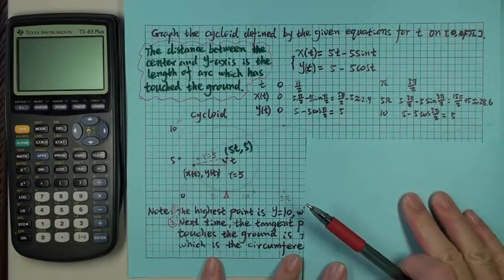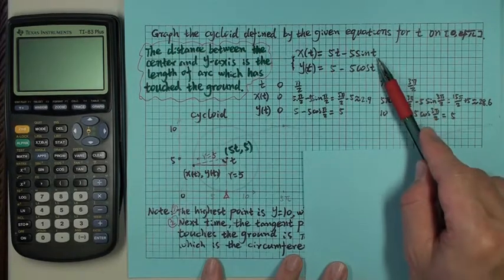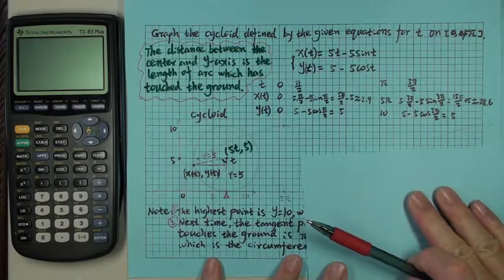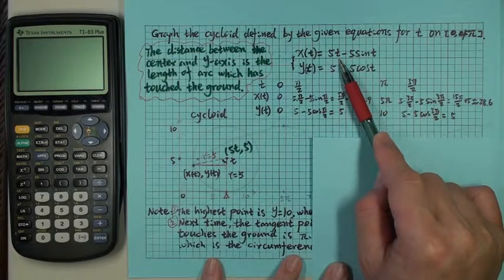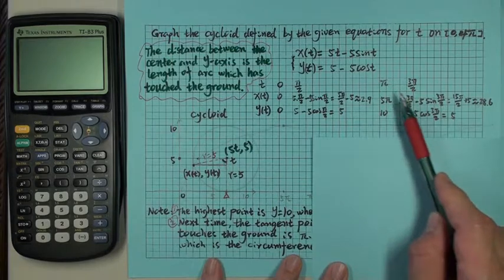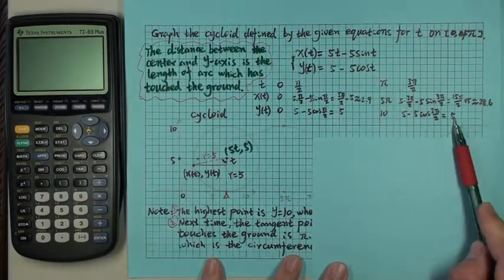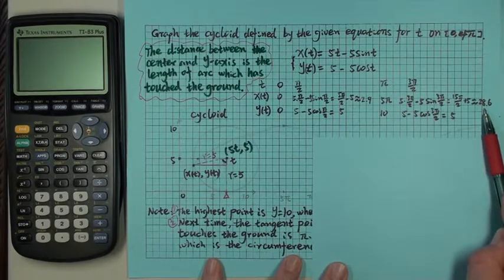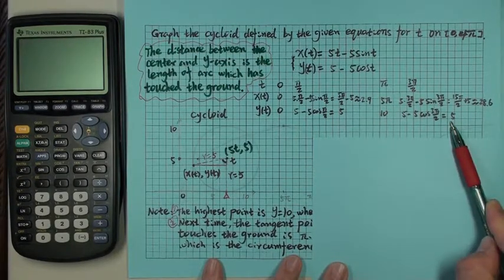Here I choose the typical points, pi over 2, pi, and then 3 pi over 2 for t, at 3 places. Then you calculate. You plug in 3 pi over 2 here and here, and then you also plug in 3 pi over 2 right here. Here is the algebra. You will have x is 28.6 and y is 5.